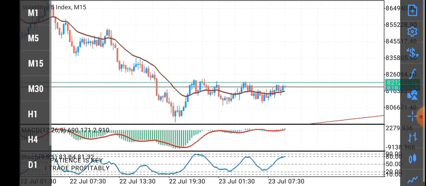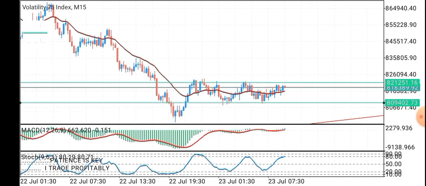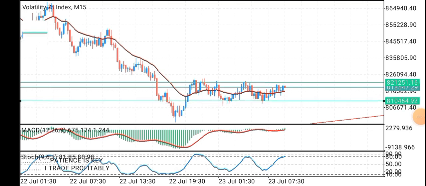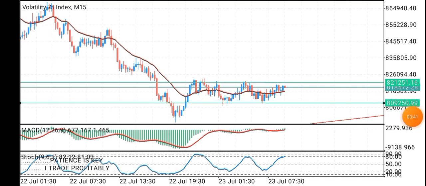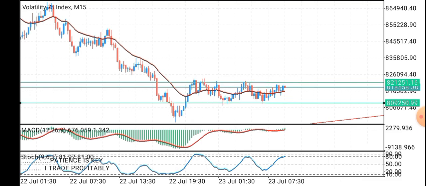And I can see that price is actually even ranging right now. You see this line from here, this is the support, and price is ranging from this zone to this zone. You can see that it's a range. So the market is trying to find a direction.